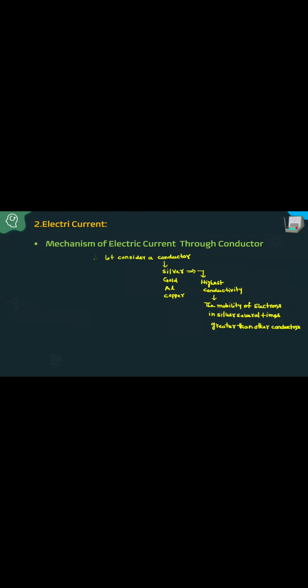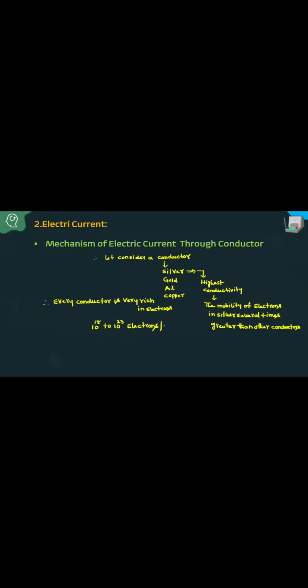We know that every conductor is very rich in electrons. It has 10 to the power of 18 to 10 to the power of 23 electrons per unit volume.